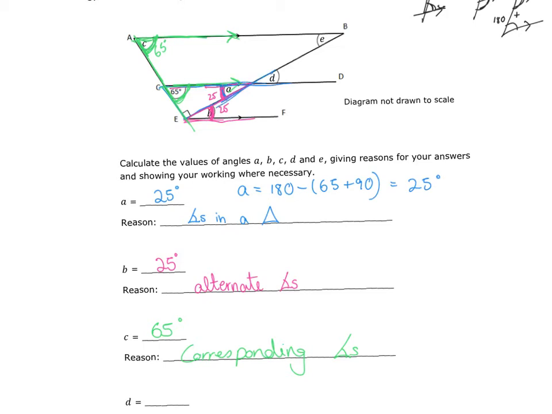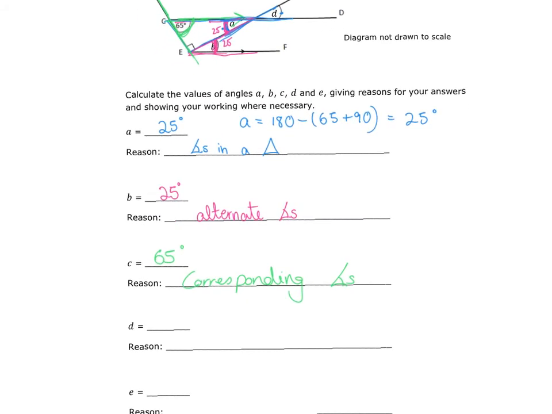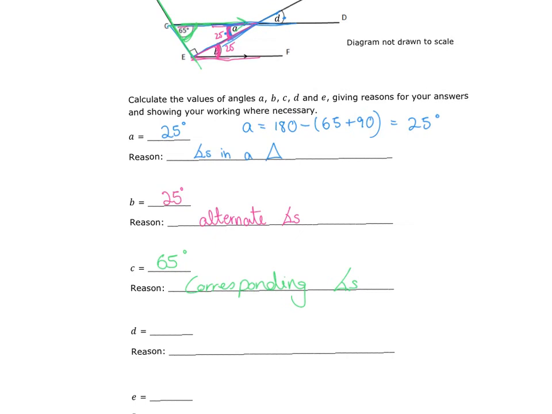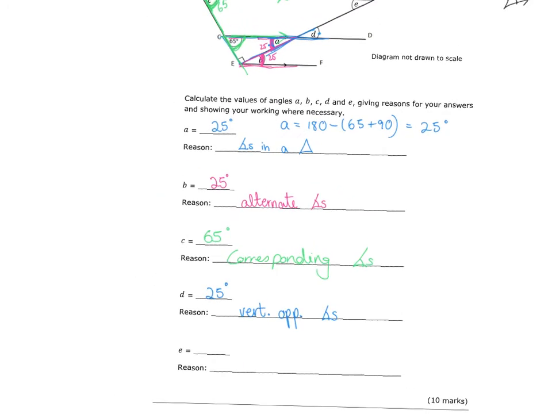We have vertically opposite angles, where this angle is exactly equal to the one vertically opposite to it. So D is 25. Vertically opposite angles, and we have to find angle E.